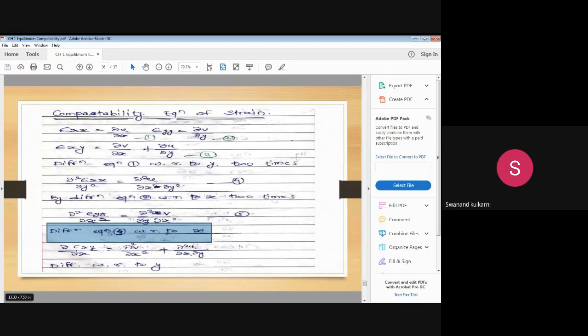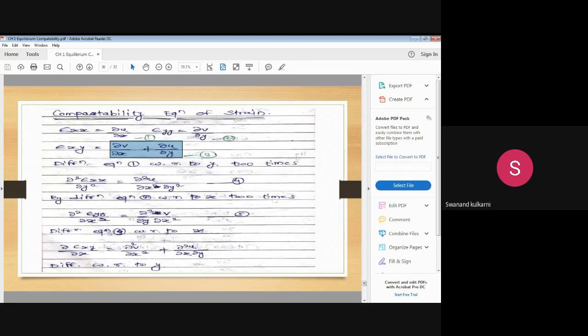For first differentiation we got ∂epsilon xy upon ∂x. This particular equation we are differentiating with respect to x. In first differentiation, ∂²v/∂x², and here ∂²u/∂x∂y, because we are differentiating with respect to x. So ∂²v/∂x² plus ∂²u/∂x∂y.